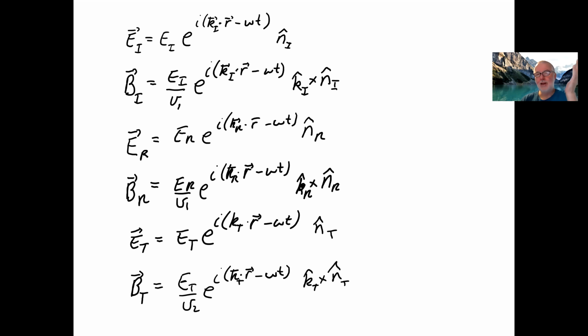And so otherwise, the only difference here is that in the previous case, this was x hat, y hat, x hat, y hat, with a couple of minus signs in there.